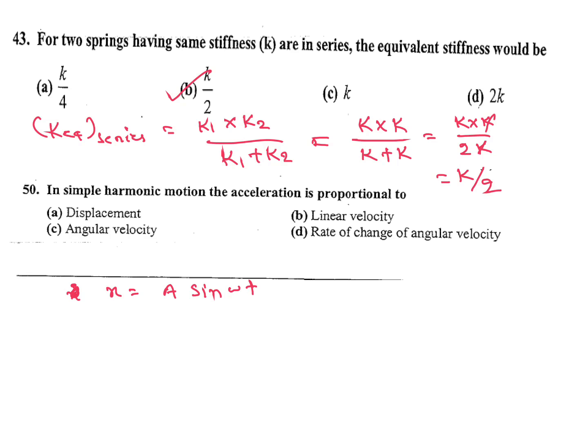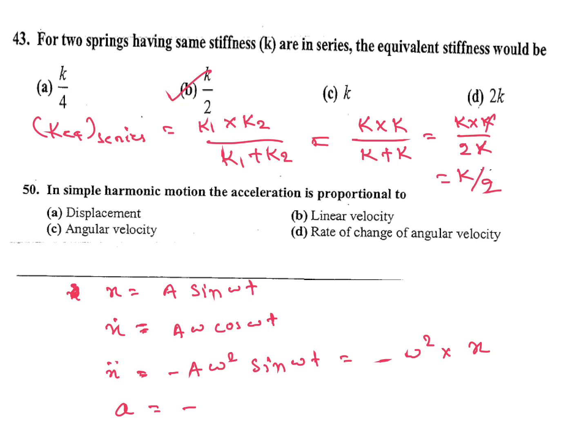For velocity, first derivative ẋ = Aω cos ωt. Then ẍ for acceleration, double derivative of x, is minus Aω² sin ωt, or minus ω² into x. So acceleration = minus ω² x, x is our displacement.